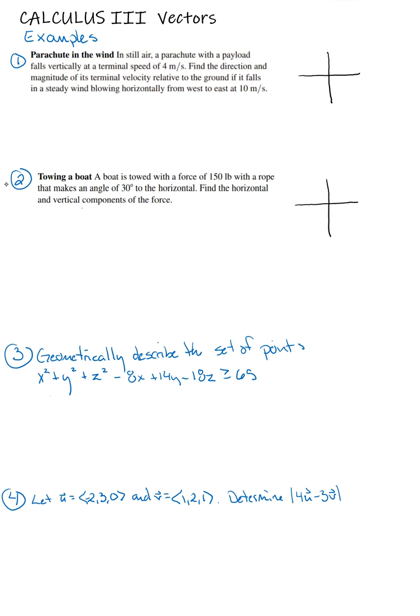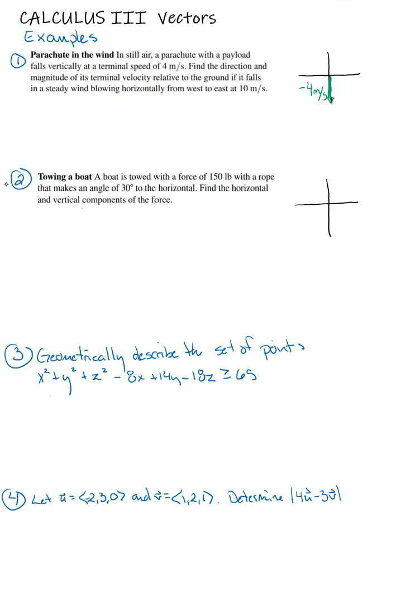So, to begin with, let's take a look at what this situation looks like. We've got a parachute that's falling vertically at 4 meters per second. So that's going to be negative 4 meters per second since it is falling in the negative direction.